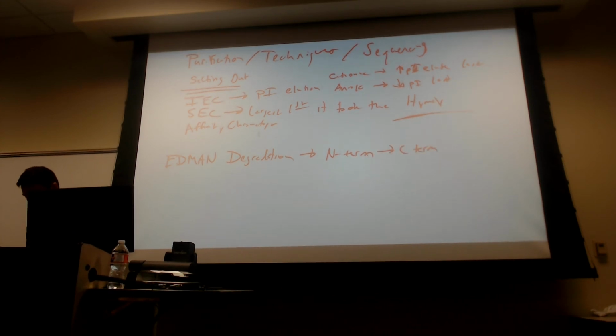So if I said Edman degradation gave you a sequence A, C, Y, that means that this is the N terminus of the peptide, and this would be its C terminus. It's just giving you the exact sequence of whatever peptide you're giving.